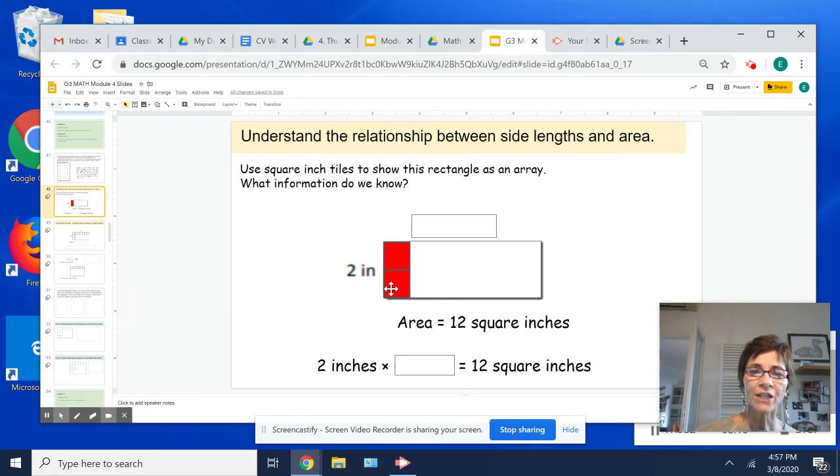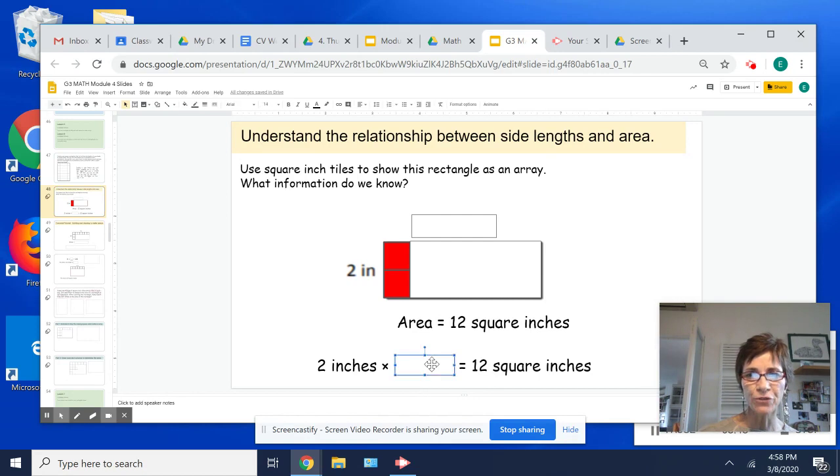To figure out the area of a rectangle when we have the two sides, what do we need to do? We need to multiply one side by the other side. So it would be 2 inches times the other side to get the area, which is 12 square inches. So what is this number? 2 inches times what equals 12 square inches? Pause the video, think about it.